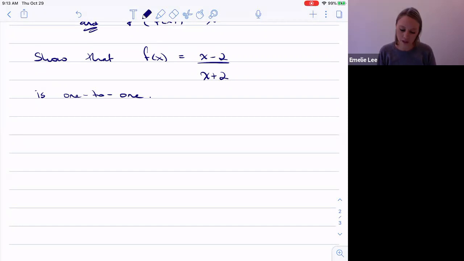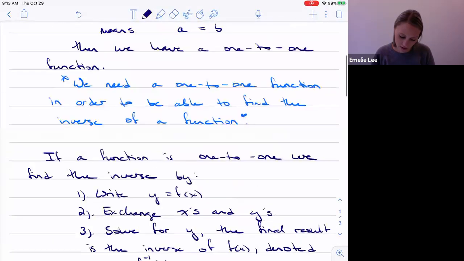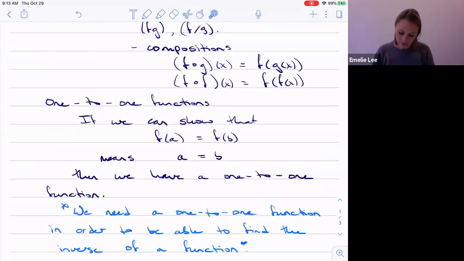So what do you have to do? Well, to show that something's one-to-one, right? First thing I'm going to do is I have to set up f of a and I have to set up f of b, right? And I have to set them equal to each other. And then hopefully with cancellation and just kind of moving things around, I'm able to end up with just a equals b. In this case, because I know I'm asked to find the inverse, they have to be one-to-one.